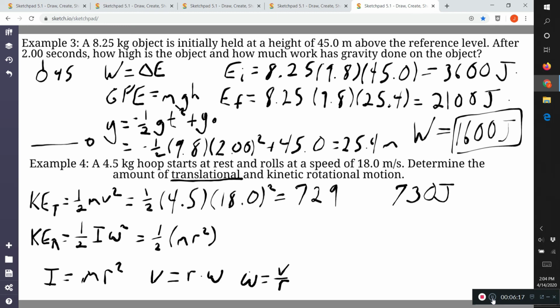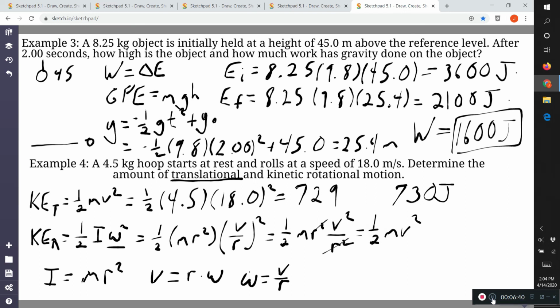So instead of having omega squared, we're going to have v over r quantity squared. And when we square everything there, our r's will cancel. We can essentially just use the information we have. And turns out the rotational energy is the same as the translational energy. So we get 730 joules for that as well.